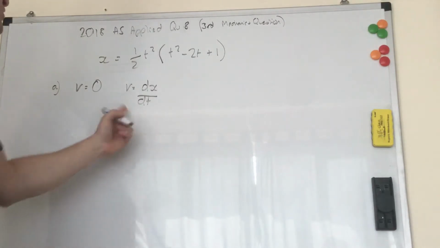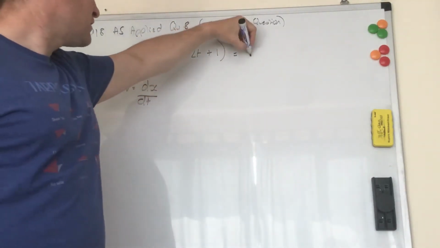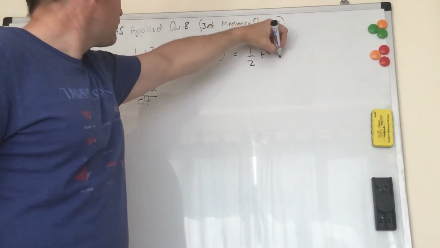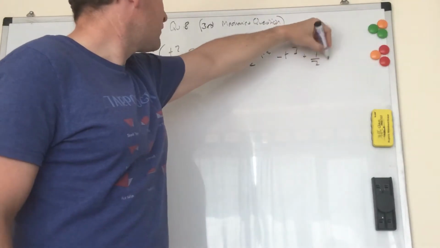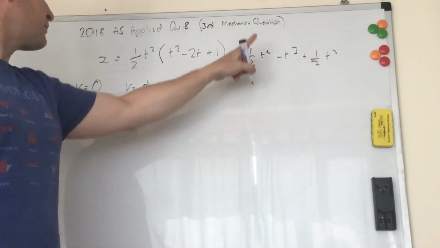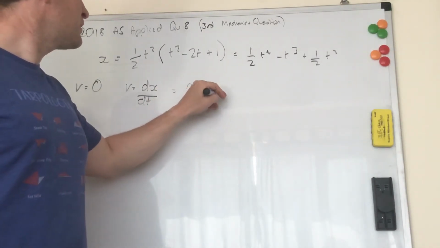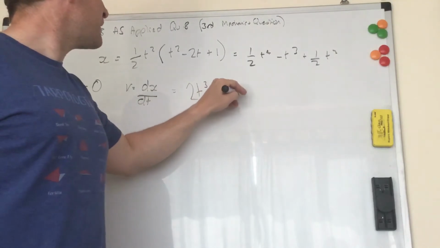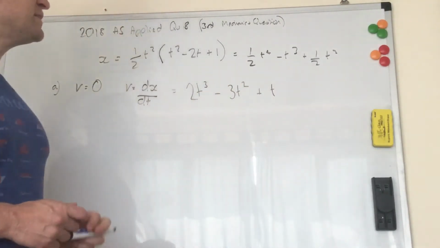Okay, so to work out dx by dt, we need to expand this, so we're going to get half t to the power 4 minus t cubed plus a half t squared. So when we differentiate that, I'm going to get 4 times a half, so that's 2t cubed minus 3t squared plus t.